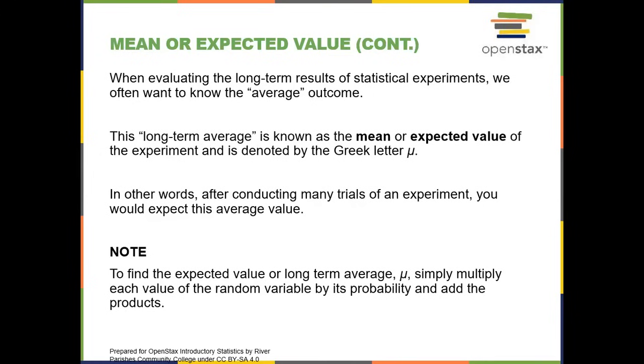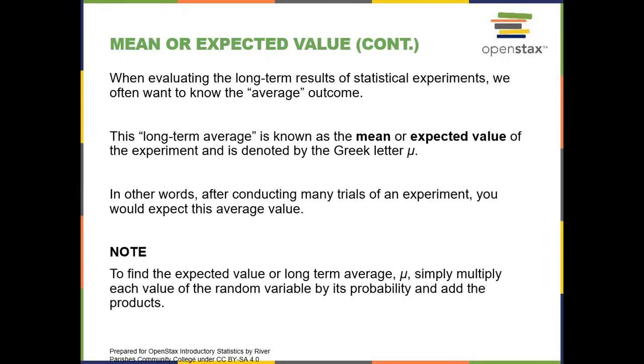When evaluating the long-term results of statistical experiments, we often want to know the average outcome. The long-term average is known as the mean or expected value of the experiment and is denoted by the Greek letter mu. In other words, after conducting many trials of an experiment, you would expect this average value.